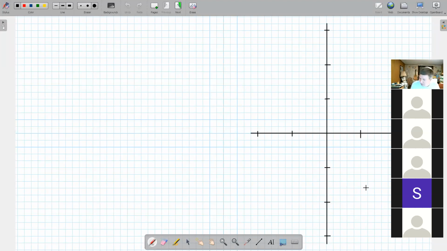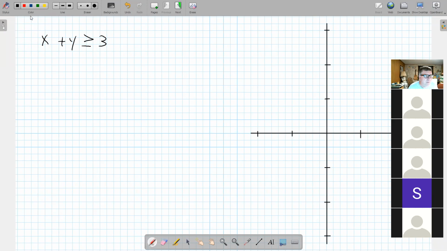So we're going to start off with a problem here where our first inequality is 2x plus y is greater than or equal to 3.